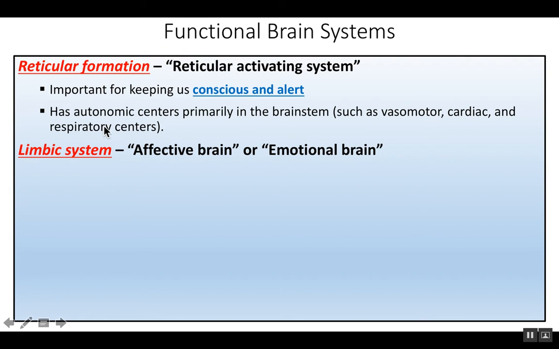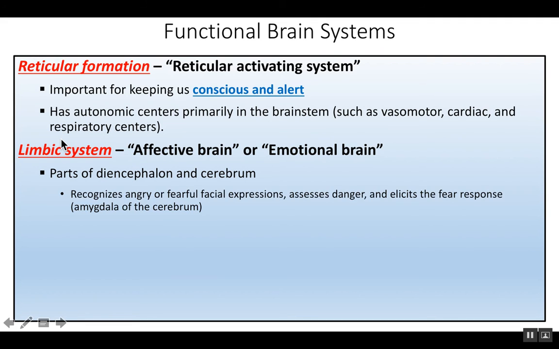Then there's a system known as the limbic system. We often call it our emotional brain or affective brain. Many parts of the brain, largely diencephalon and cerebrum, are involved in emotions. So anger, fear, so it helps us recognize those as being emotional facial expressions.